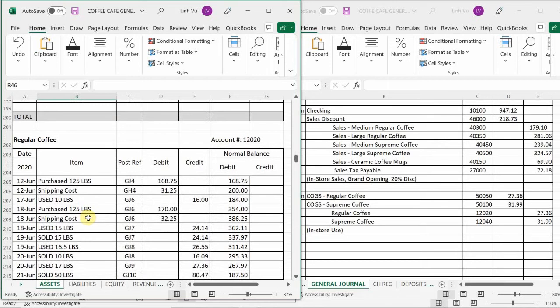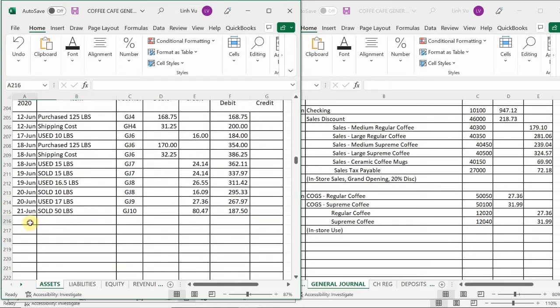Okay, here we are, regular coffee. We used 17 pounds for $27.36.